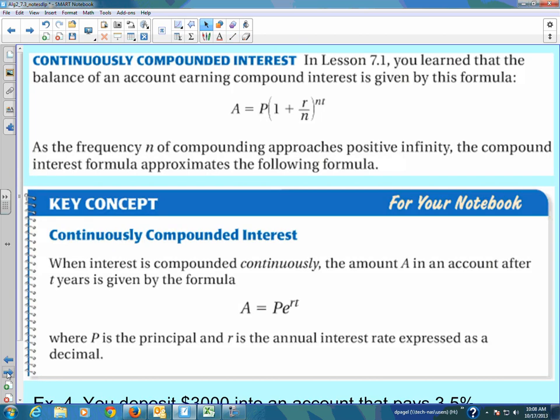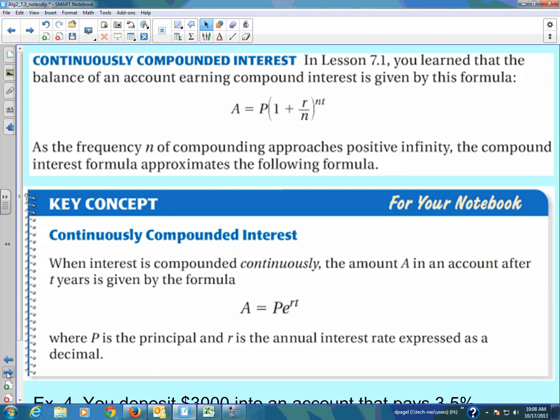All right, we've talked about, for finance, how we can compound our interest, and what that meant was your interest sits in your bank and gathers interest so many times a year. That is based on what we call a compounding period.